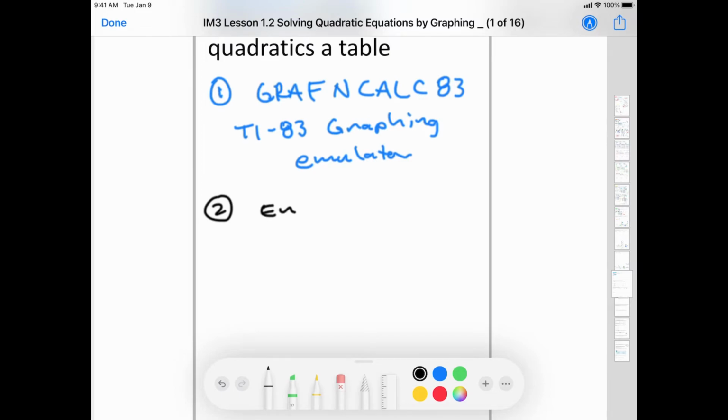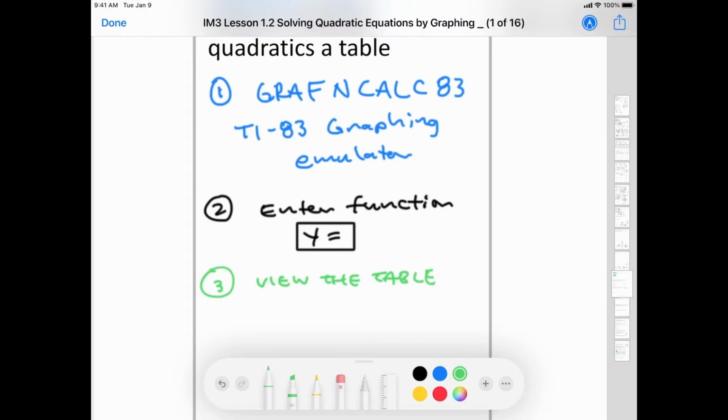The next thing we're going to do is enter the function, and you're going to do that by clicking on the y equals button. Once you do that, you're going to view the table. You're going to view the table by doing a couple of things first.